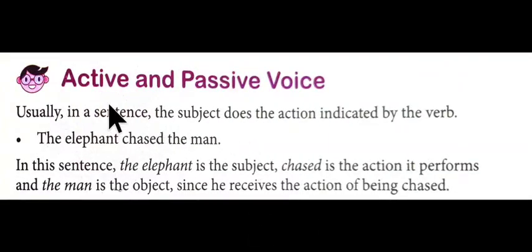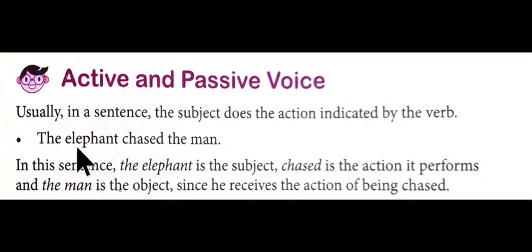Now let's study about active and passive voice. Usually in a sentence the subject does the action indicated by the verb. Generally, students, the subject is the doer of the action.